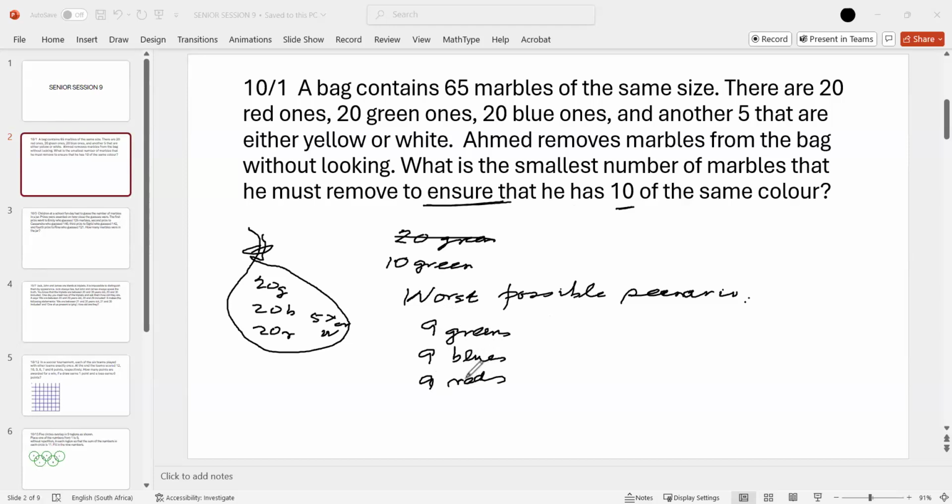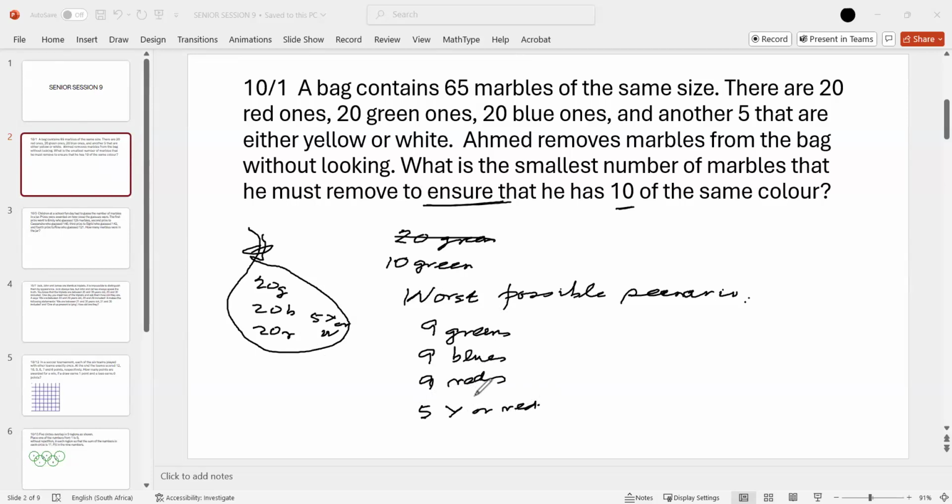And even here, he hopes that the next one will be a green, a blue, or a red. But instead, he suddenly lands up with those 5, yellow or white. And he withdraws all these, and he still has not got 10.